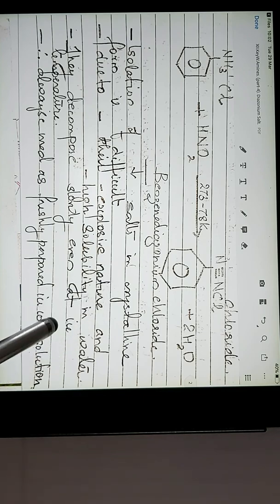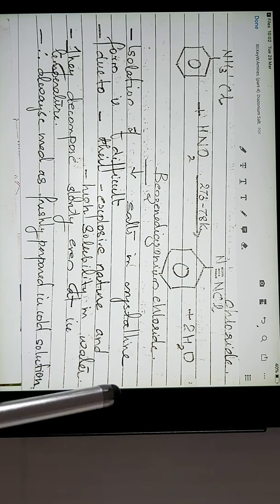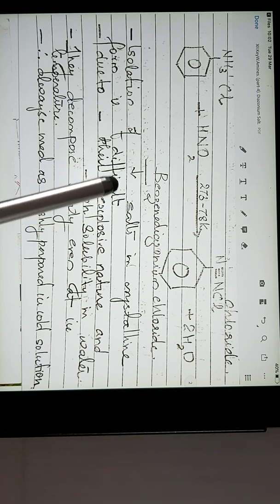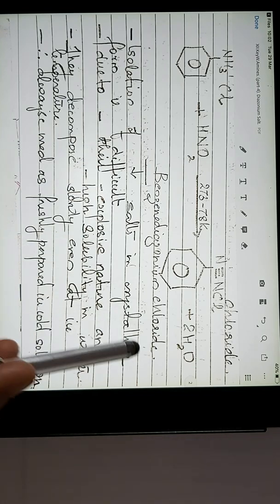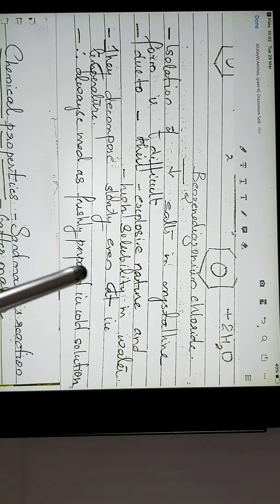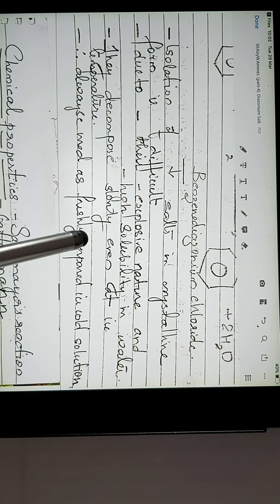Because of these two reasons, it is not practical to crystallize these diazonium salts by removing all the water. So that is an important point. So what is done? Always, when this is needed as a reagent in the chemical industry, it is prepared freshly in ice cold solution and used directly.